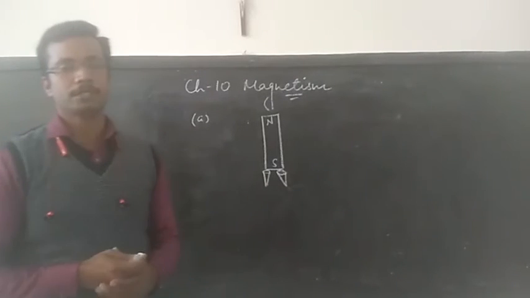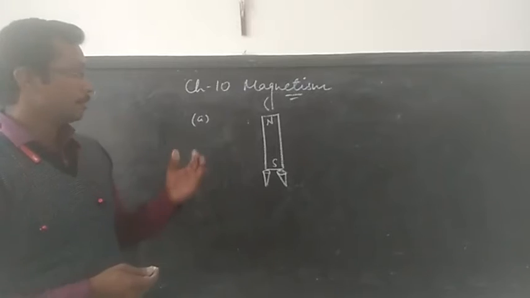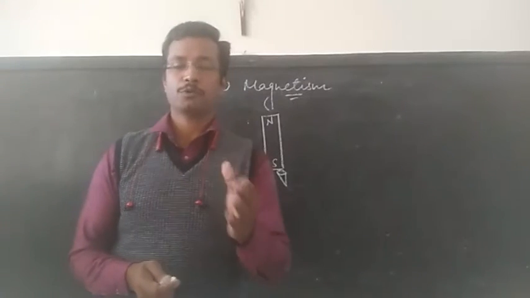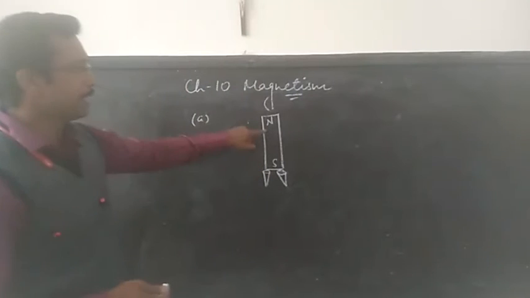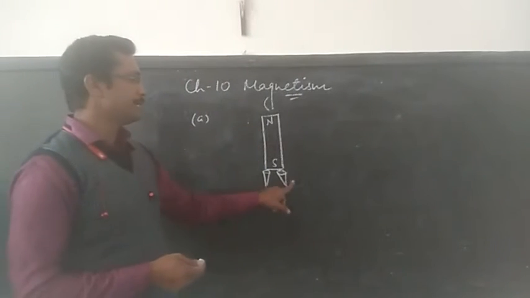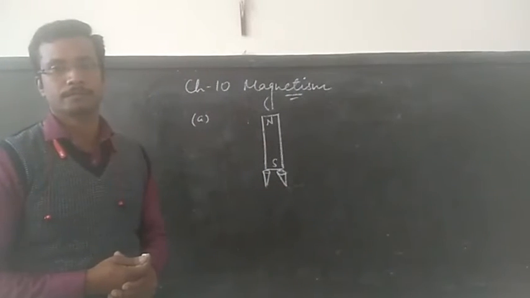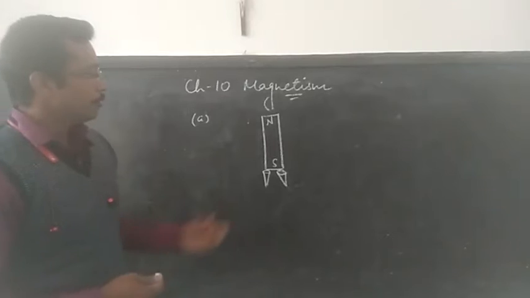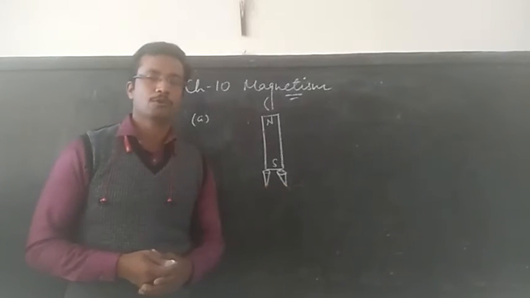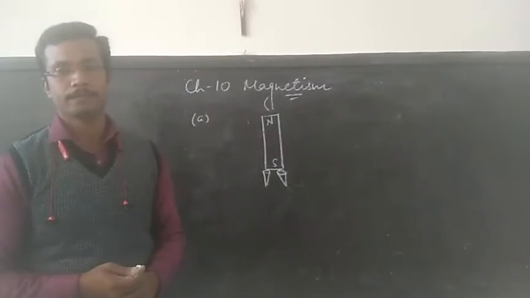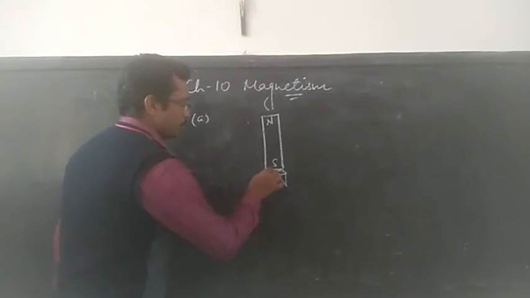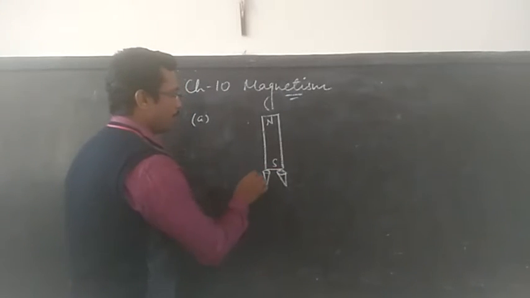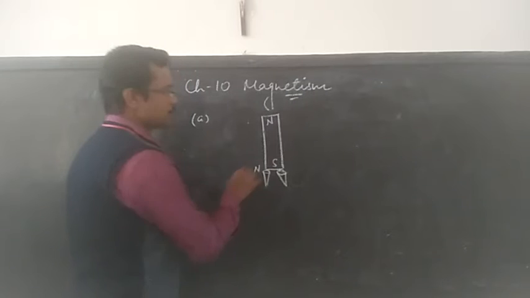Let us see what is the reason behind it. The main reason is the process of magnetic induction, where this magnet will induce magnetism on these two pins. That is, for a moment even these two pins behave like a magnet, and these two heads will acquire the opposite poles.